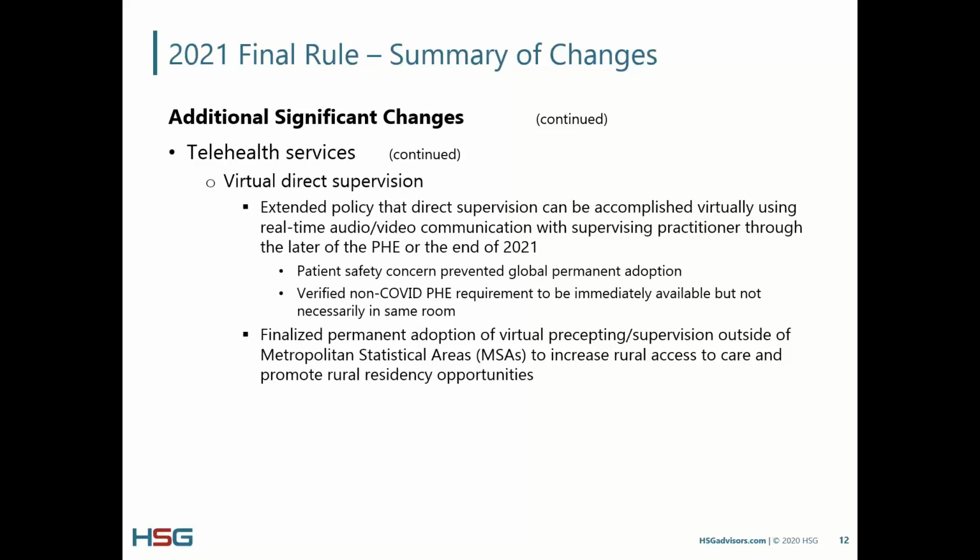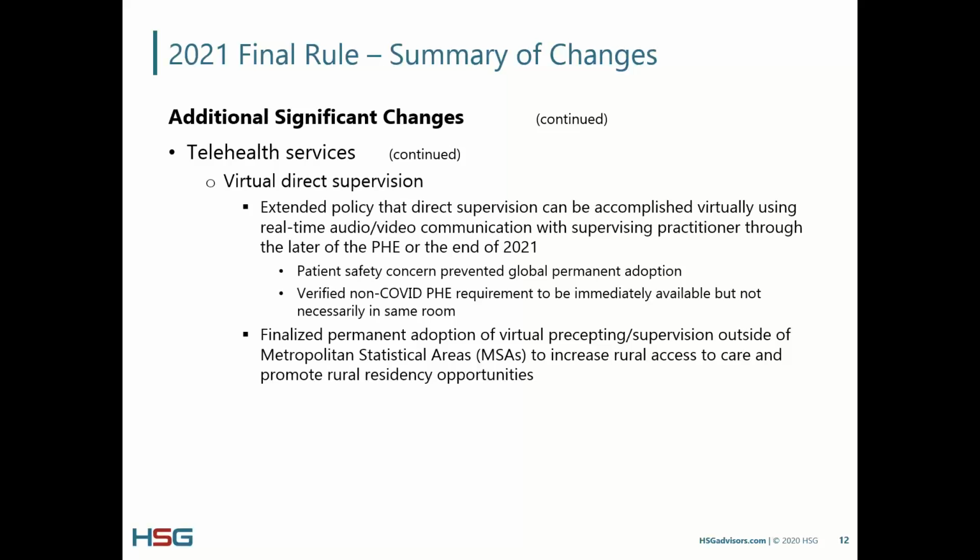I'm not sure how that applies in one situation versus the other, but according to the final rule of 2021, there is the permanent ability to offer virtual precepting and supervision outside of an MSA, which puts it into a rural setting, with the purpose of trying to promote greater access to care in the rural environment and a greater number of residency opportunities in a rural environment to continue to promote access to rural health services.